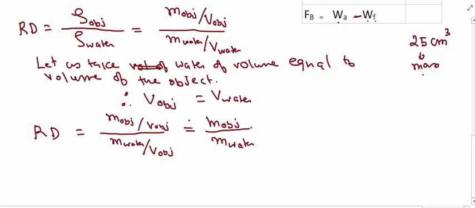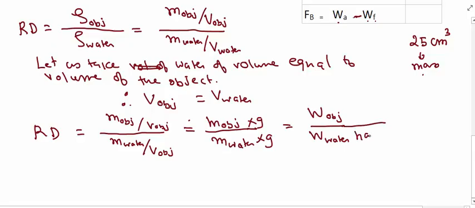I can multiply this now by g on both sides, so that I can write this is equal to weight of the object upon weight of water. But I should mention over here that this is the weight of water having volume equal to the object.